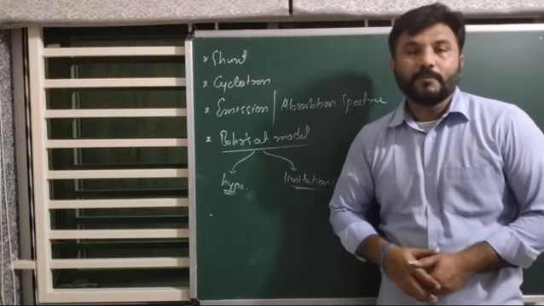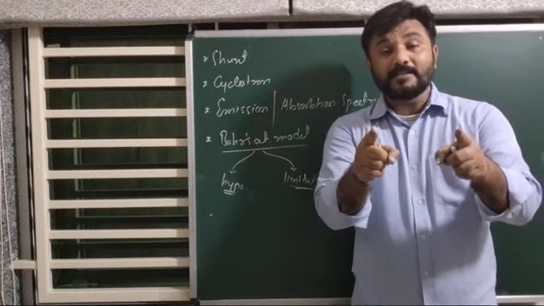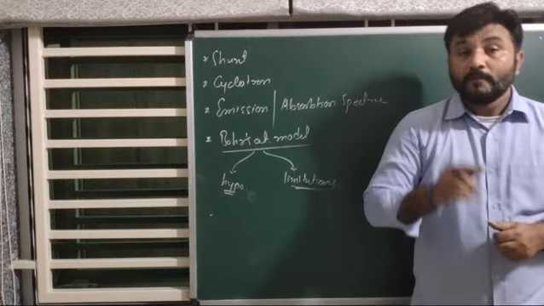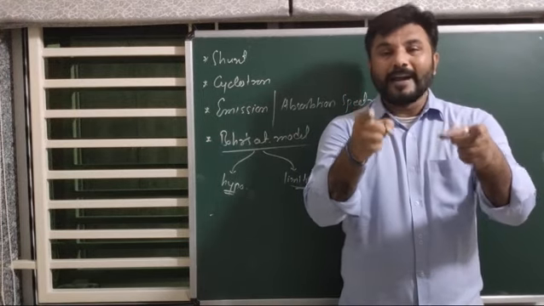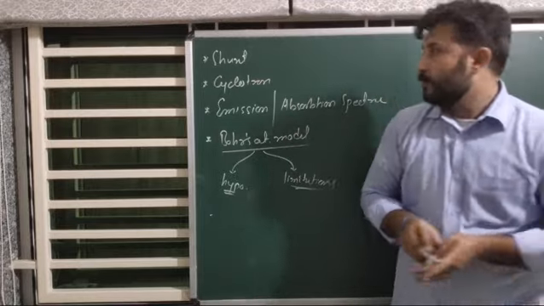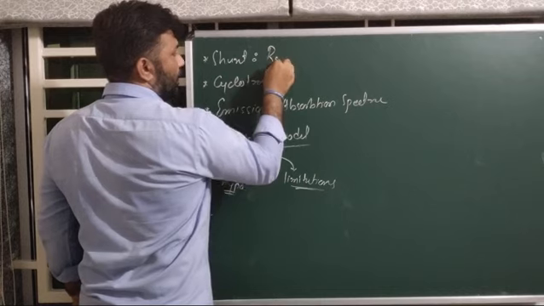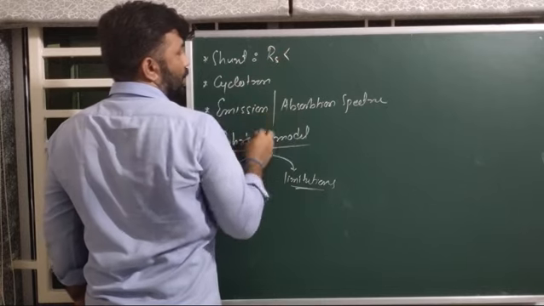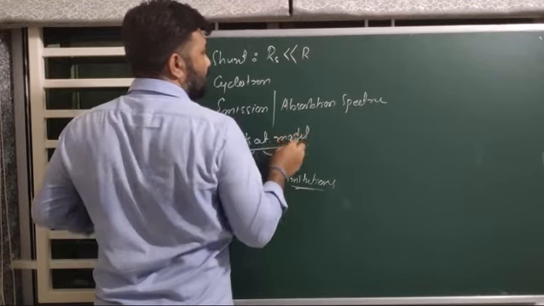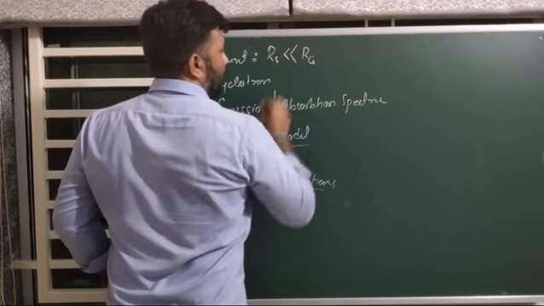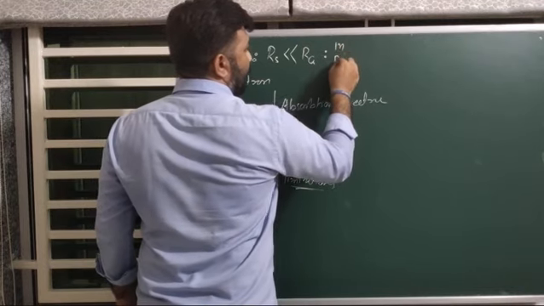What is shunt? Shunt has low resistance compared to the resistance of the galvanometer. It is connected in parallel to convert a galvanometer into an ammeter. So the resistance of the shunt is much less than the resistance of the galvanometer, and it is connected in parallel.